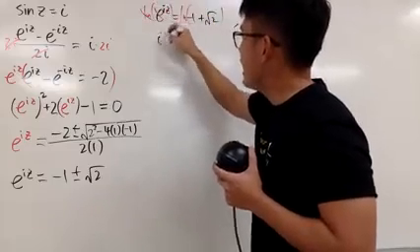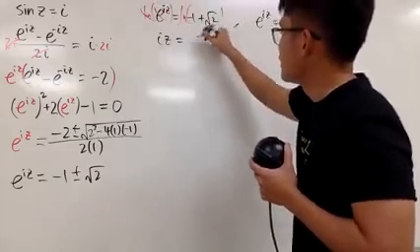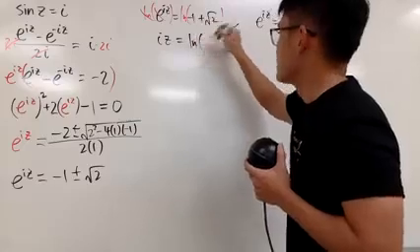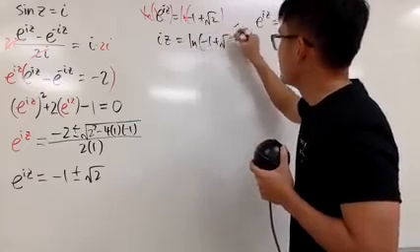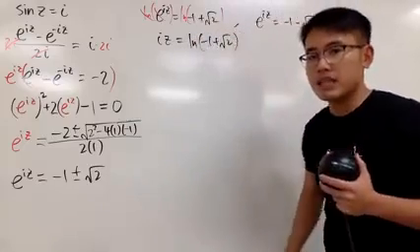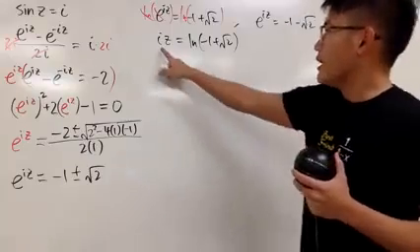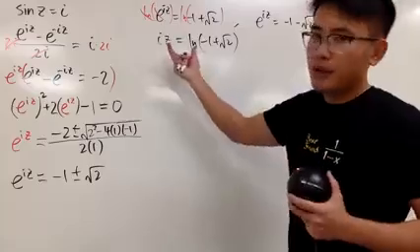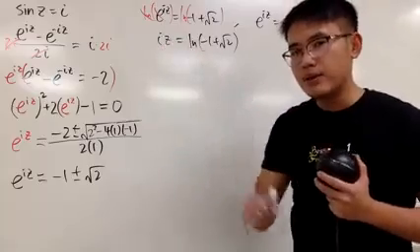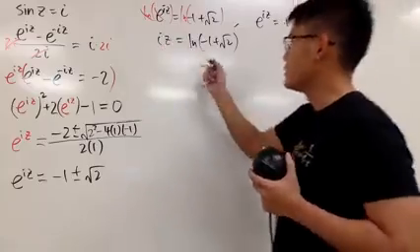I just get iz equals, this right here is just that. Nothing too special because the input is a positive number. And let's just finish this first. Okay, I have i times z. Technically, I should divide it by i on both sides, but I don't like i to be on the bottom, so let's just do it this way.